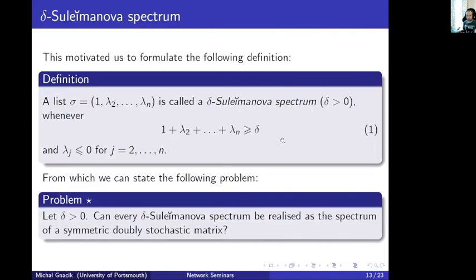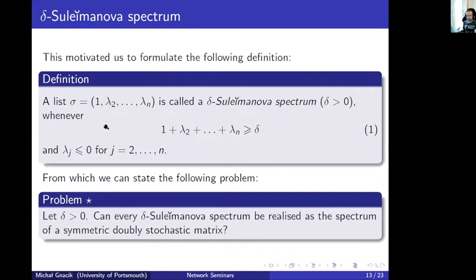So now what we modified, we said, okay, let's take an arbitrary number delta. And let's say that we are going to call a list of numbers a delta Suleimanova spectrum if their sum is greater or equal than some non-negative delta, and similarly to the Suleimanova spectrum, all of those from lambda 2 up to lambda n are either negative or 0.